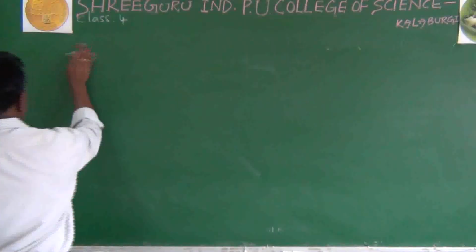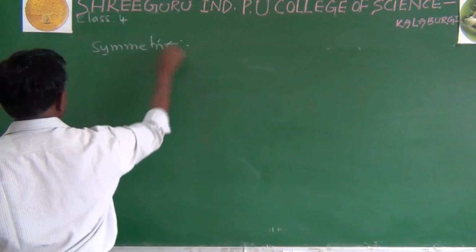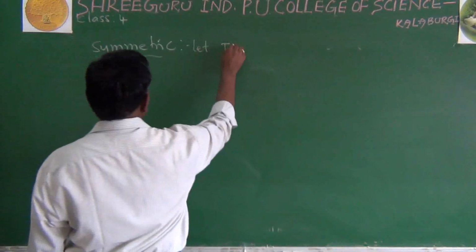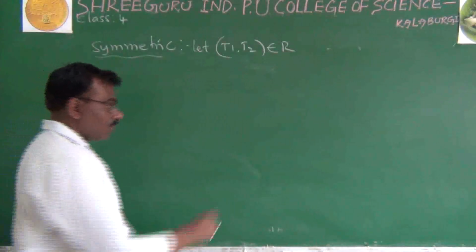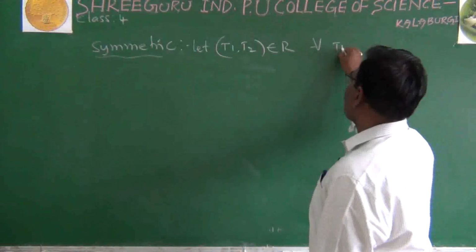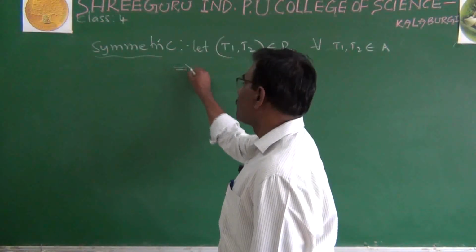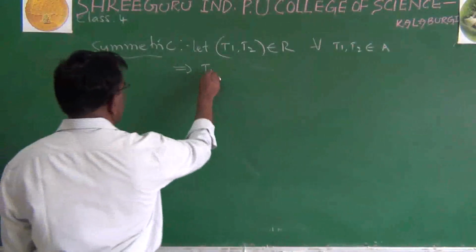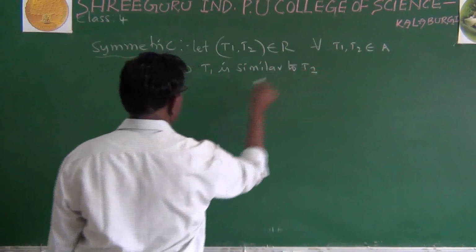T1 comma T2. Symmetric. Let T1 comma T2 belong to R, for all T1 comma T2 belongs to set A. It implies triangle T1 is similar to T2.